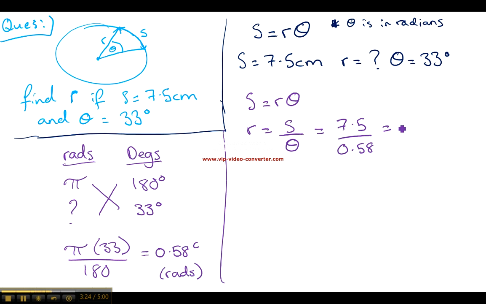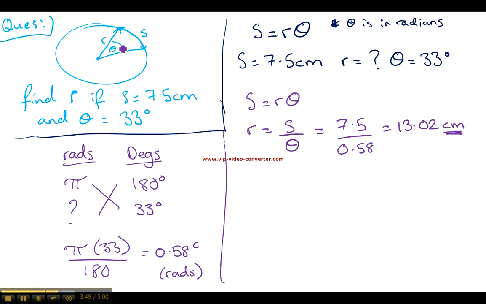You work that out, you get approximately 13.02 centimeters. Being sure to give the units centimeters because our initial question was given in centimeters, and that's how we worked out the radius.